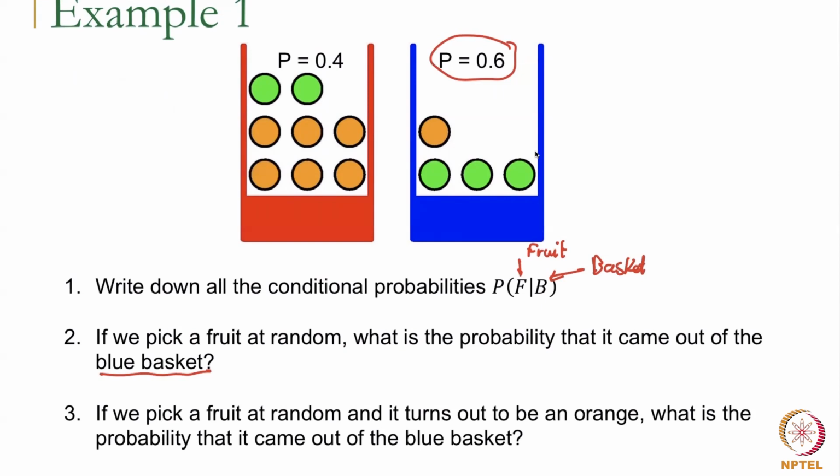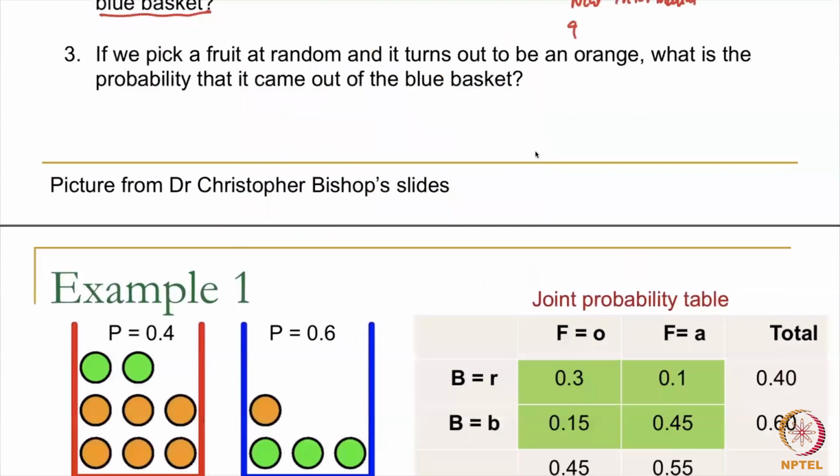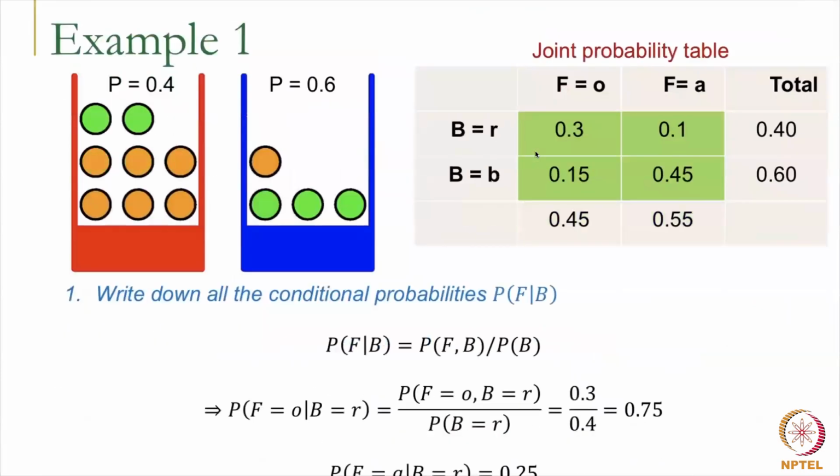Will it decrease from 0.6? How is the probability affected by this new piece of information that we have? Again, when we come to the next week, we will see how this is relevant there as well in inverse problems, the same idea. Okay, so let's now write down all the conditional probabilities.